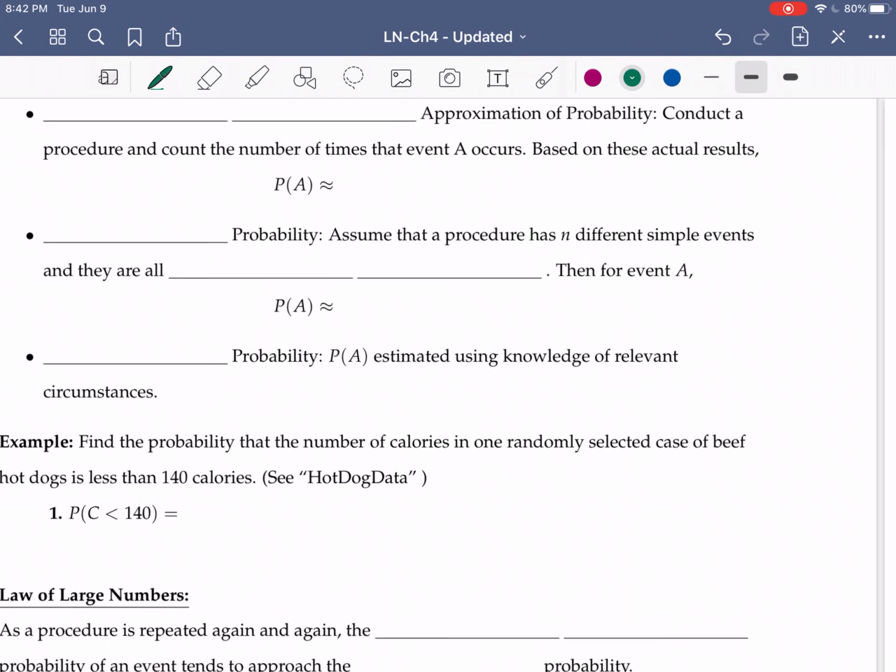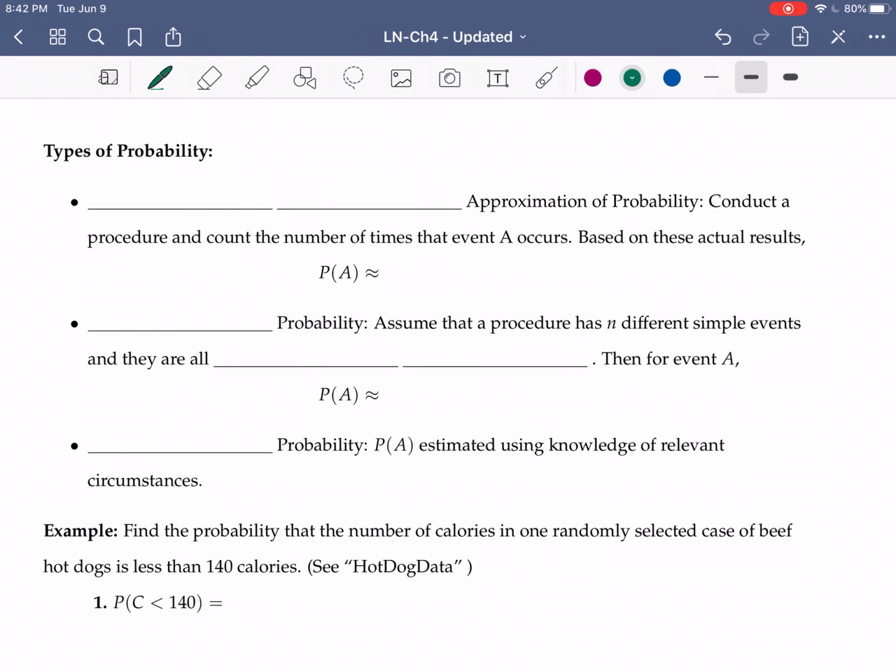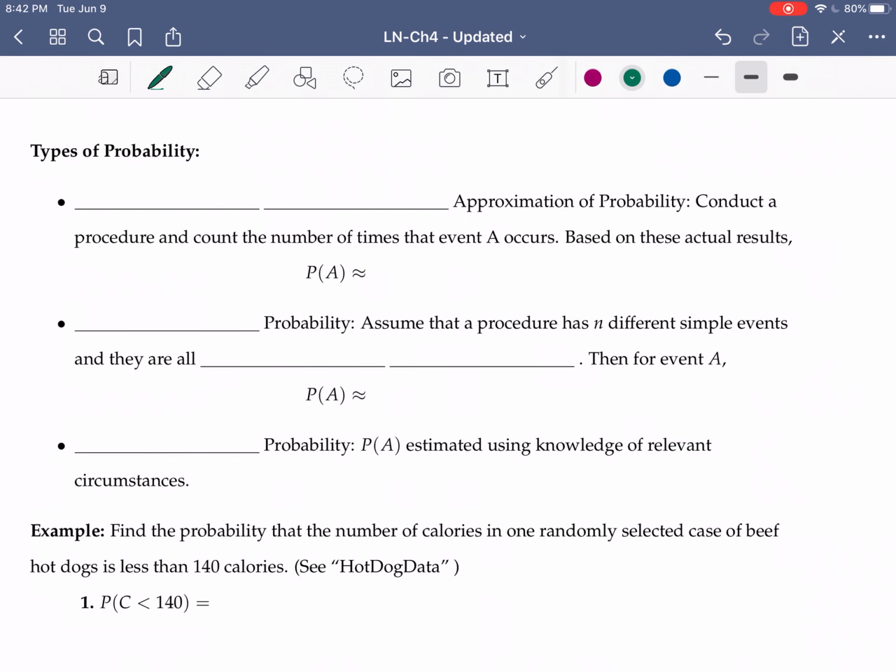We have 3 different types of probability. One type of probability that we have is a relative frequency approximation.